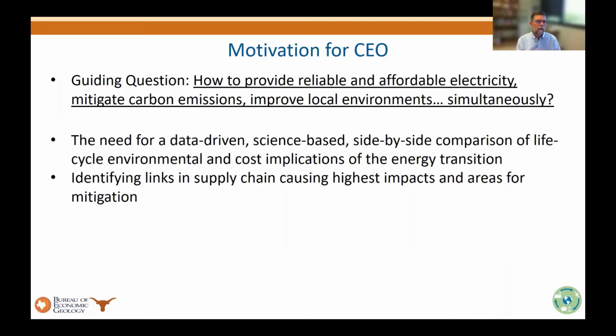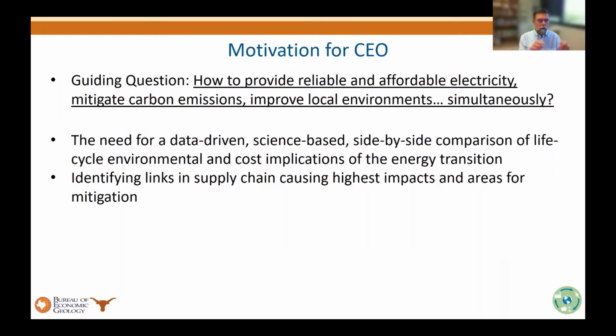So what we're trying to do is a science-based, data-driven, side-by-side comparison of different energy and electricity sources using the same boundaries, all from cradle to grave. So this is from the mine all the way to incorporation and then end of life. This is the entire upstream side of the energy, all the way to disposal.